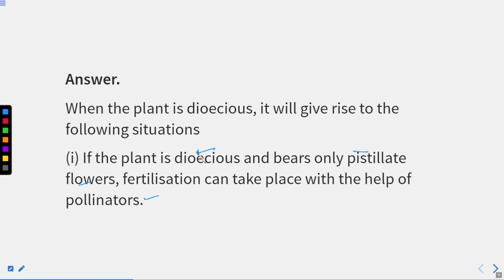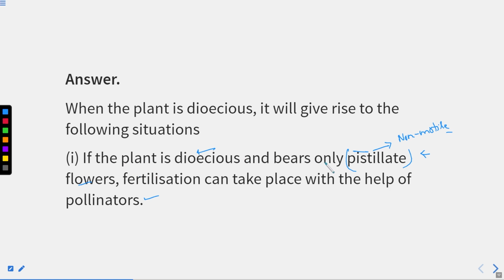The plant consists of only one reproductive structure and bears female flowers only. The gamete produced in the female flowers is stationary, non-motile, so it cannot travel, but another male flower which produces pollen can fertilize the egg from this female flower.